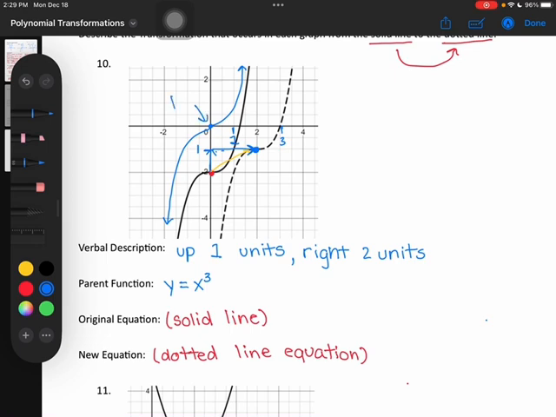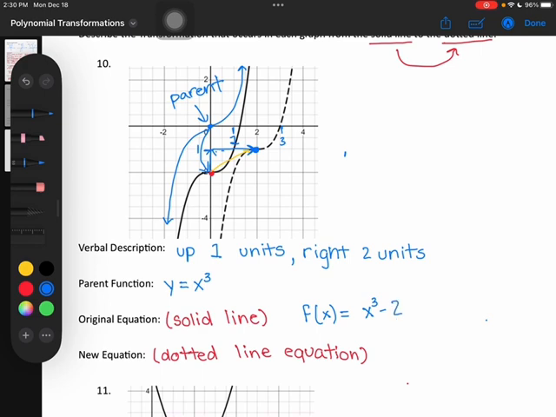You can always graph it if you don't remember what it looks like. And from this turning point to this turning point, we're going down 2. So in order to show down 2 in my equation, I'm going to be subtracting 2 on the outside. So I could say f of x equals x to the third minus 2.